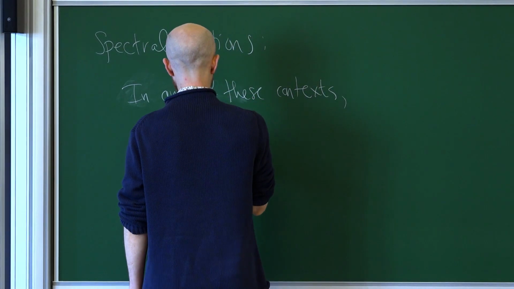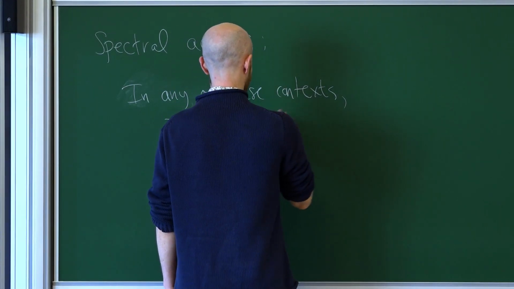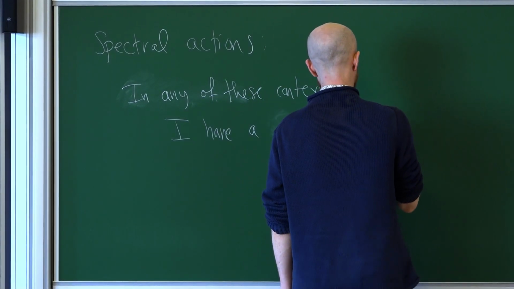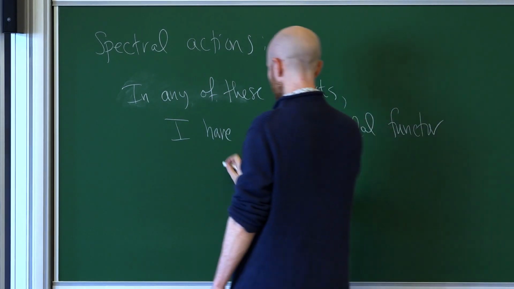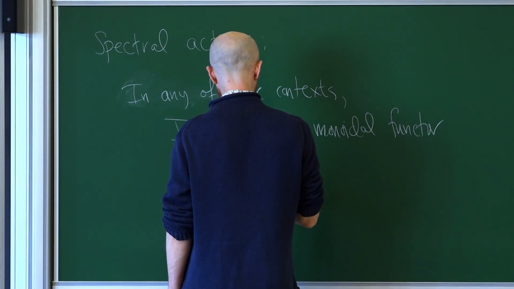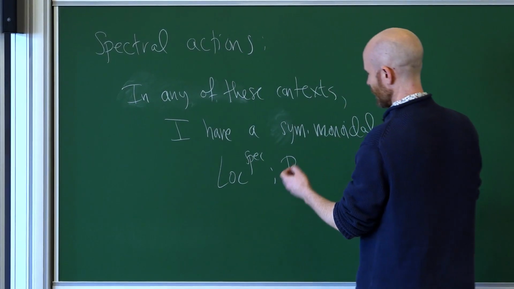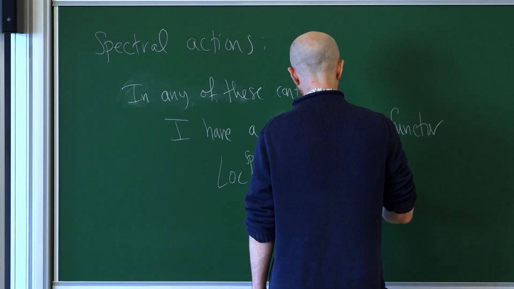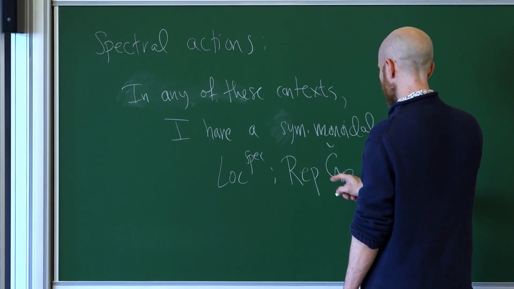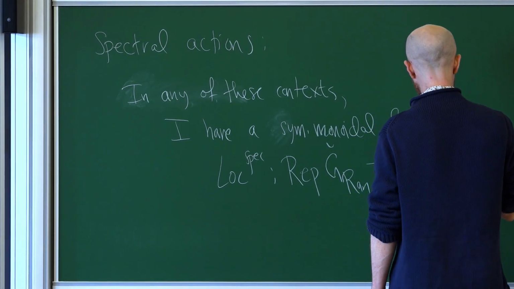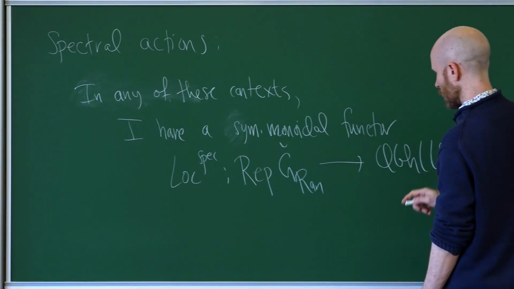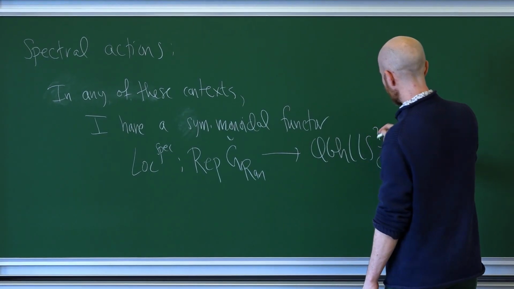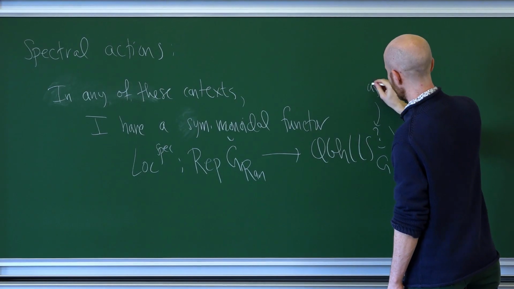I have a symmetric monoidal functor that plays an important role, which we call loc spec. And this, just because the notation in the subject has to be really off-putting all the time. And so this loc spec goes from Rep G check Ran into this category of quasi-coherent sheaves on LocSys, well, G check. So far, it's not really anything about the dual group. And this is a question mark. So we had these various symbols that go here, and this is appropriate to our setting.